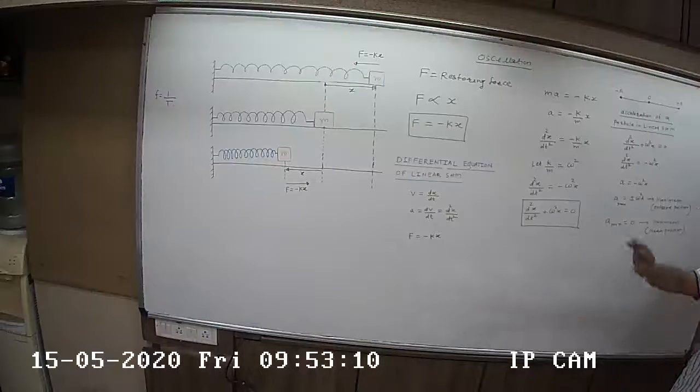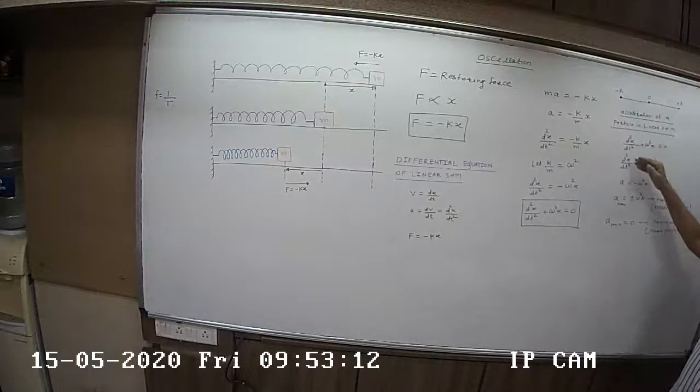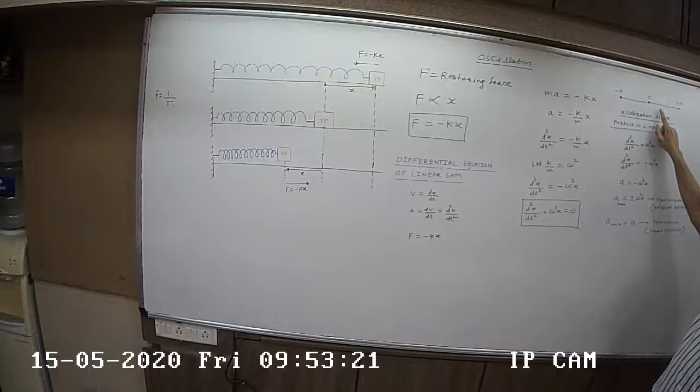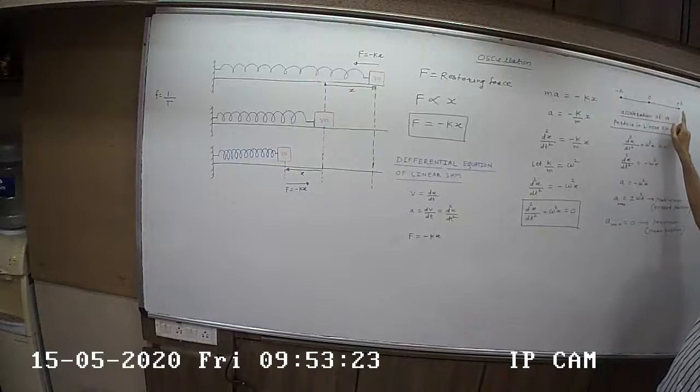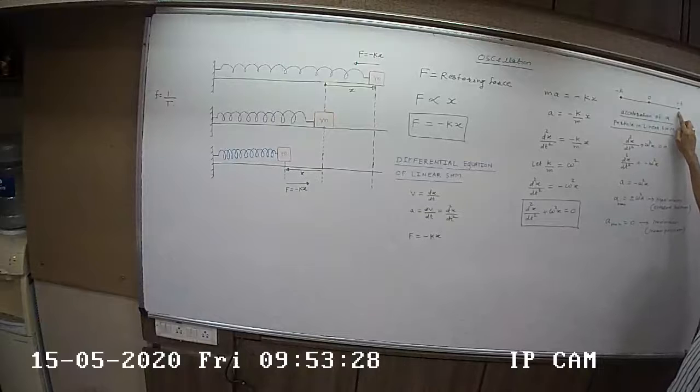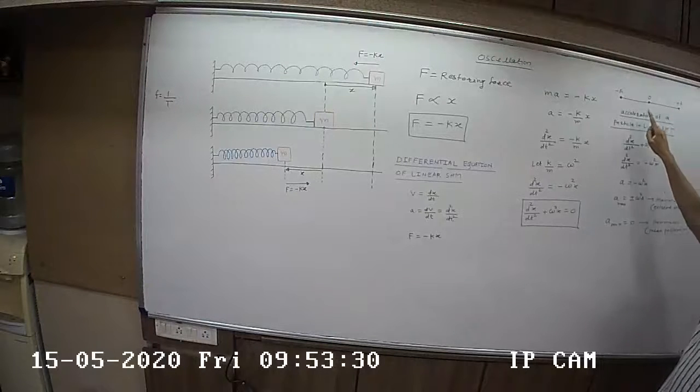Okay, take this term to the right hand side. So d square x upon dt square कितना हो गया? Minus omega square x. Is that clear to you? Before that I said that the maximum displacement of the particle in oscillation from the mean position is called amplitude. So when the body is here, it is at the right extreme, so plus here. Here it is minus.